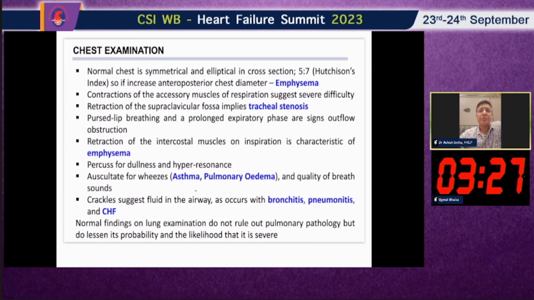Chest X-ray will help us see whether the patient has emphysema or not. When we look at the accessory muscles, we can understand whether the patient is having tracheal stenosis or not. There are conditions like bronchitis, pneumonia, and CHF. All this can be diagnosed just by looking carefully at the patient and by asking questions. Next slide, please.